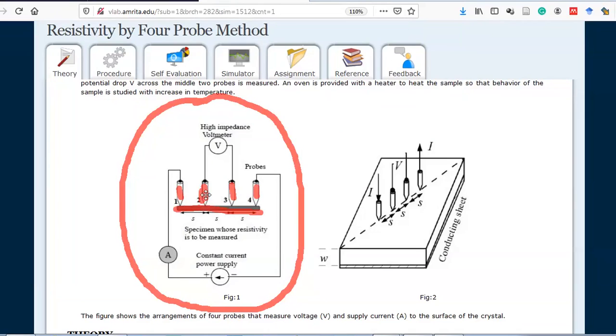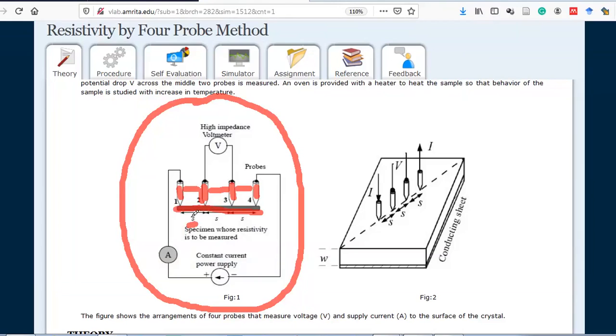Remember, these pins are of metal. So these metal pins are connected on this semiconductor sample uniformly, and the distance between each pin, from 1 to 2, 2 to 3, or 3 to 4, is uniform and constant. I have denoted it with small s, the distance between each probe.